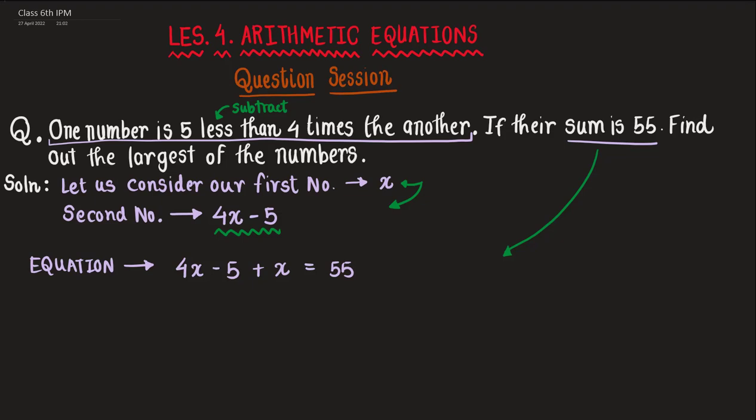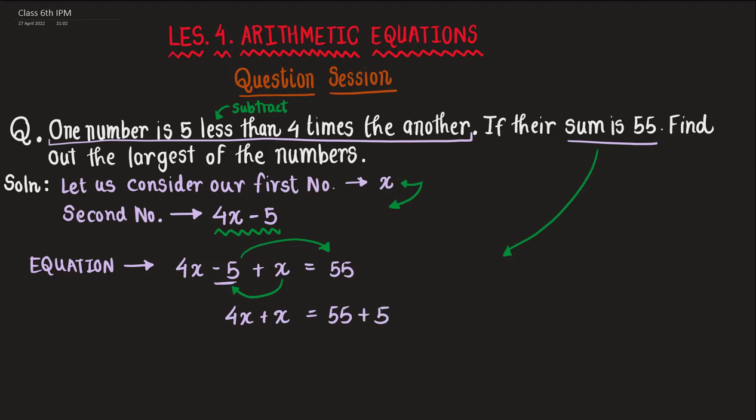So like terms come on one side and unlike terms go on the other side. Our like terms, that is x and x, will meet up, and the 5, the number, will go on the other side. 4x plus x, the sign of x won't change because it is on the same side. 55 on this side, and minus 5 on going to the other side becomes plus 5.